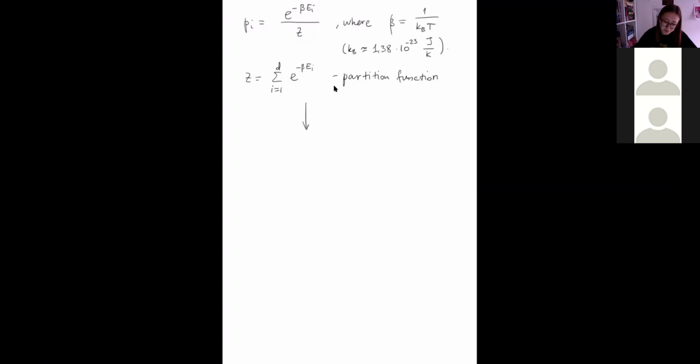Now let us go to the quantum scenario. We looked at this classical scenario with gas particles occupying different energy levels according to this Boltzmann distribution.